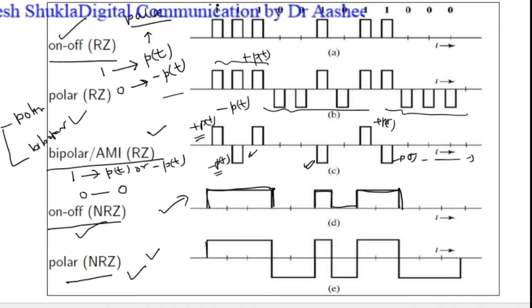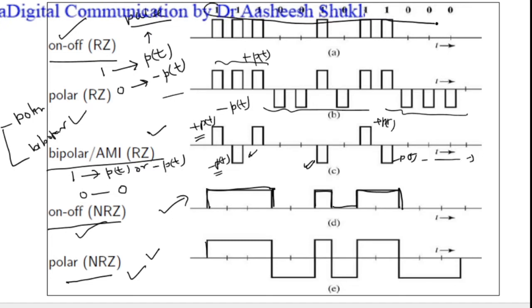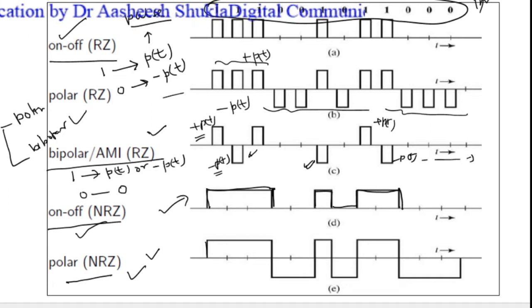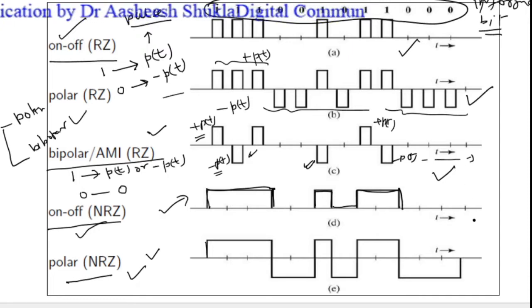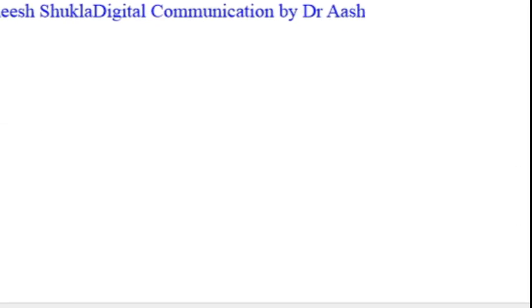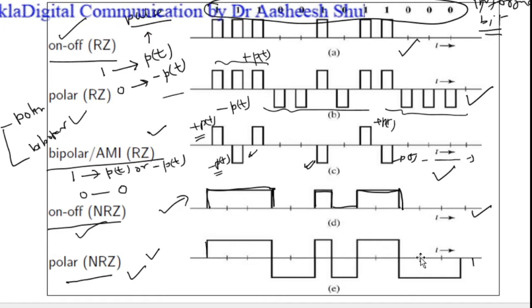For example, if we have this bit stream, this is our information bit, then for this information sequence we can transmit this pulse train, or this one, or this one, or this one. We will decide a particular pulse train, or a particular line code, on the basis of their characteristics.